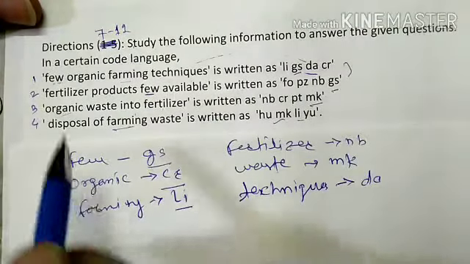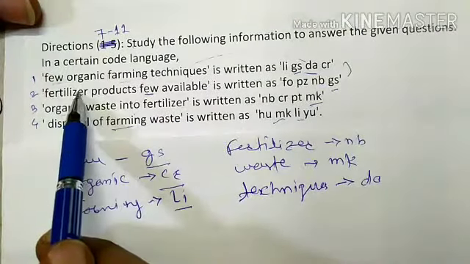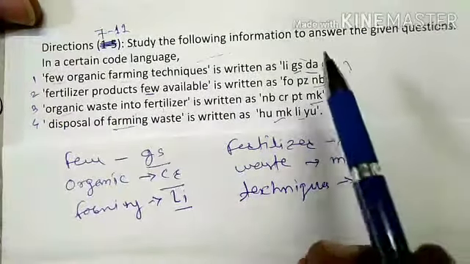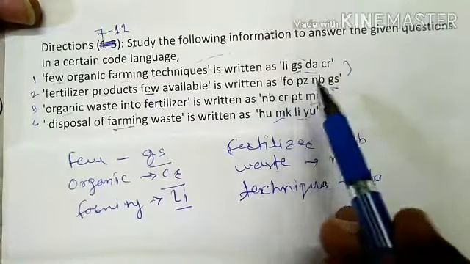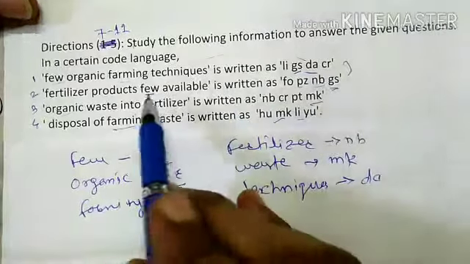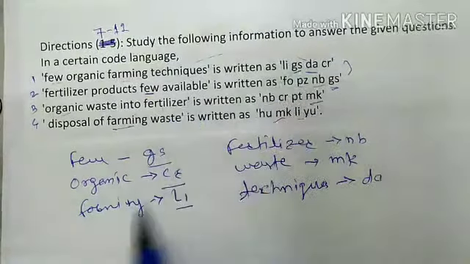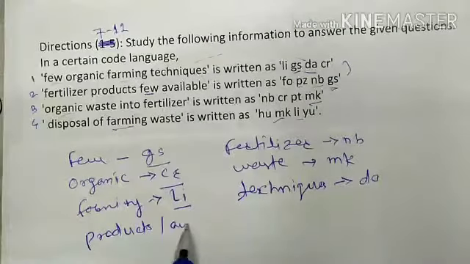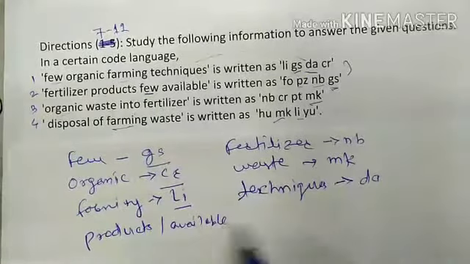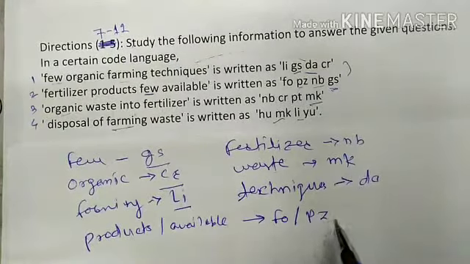Next is fertilizer products few available. Fertilizer NB is already coded, and GS is also coded. So PZFO is the code for products available. The code for products available is either FO or PZ.